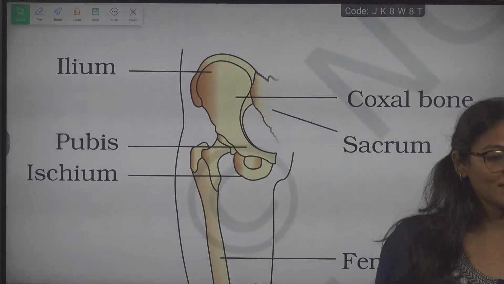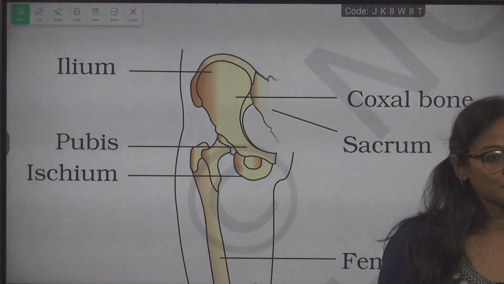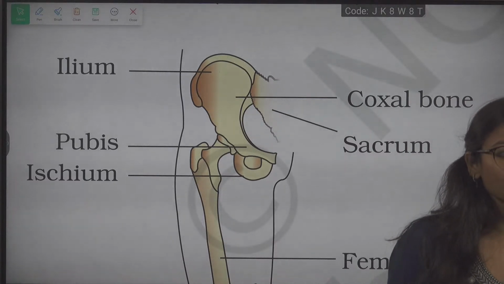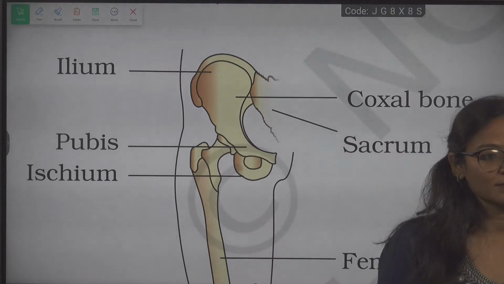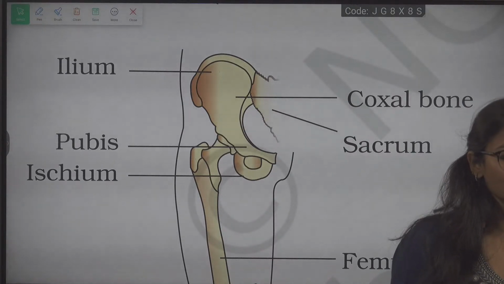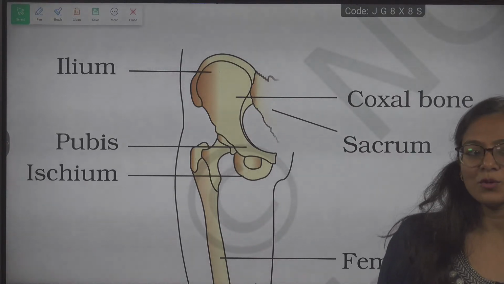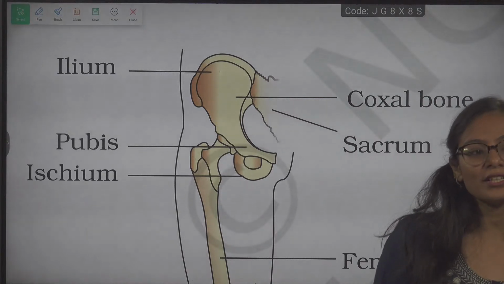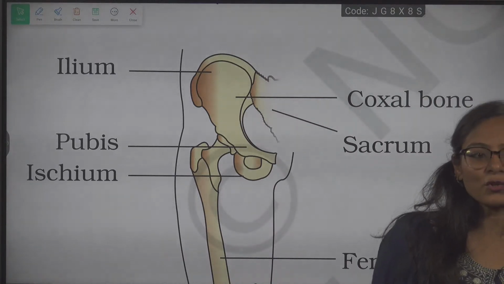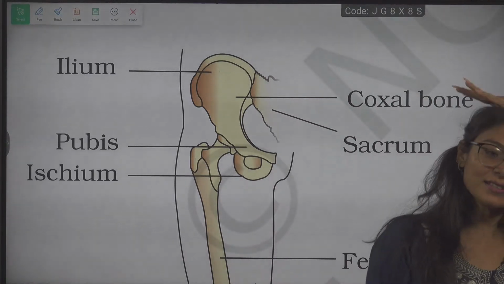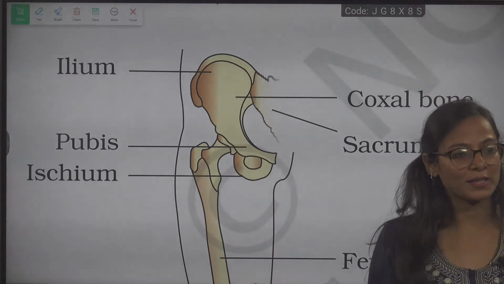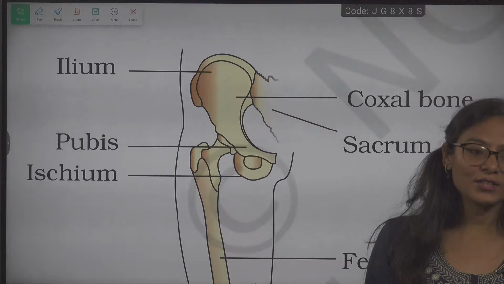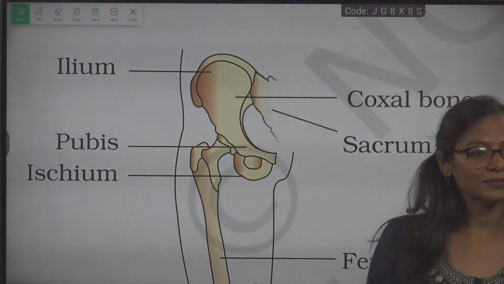There has to be a specific reason, right? Why is this part not grown completely in them? Why is the skull not very hard? Why has the bone here not developed completely?